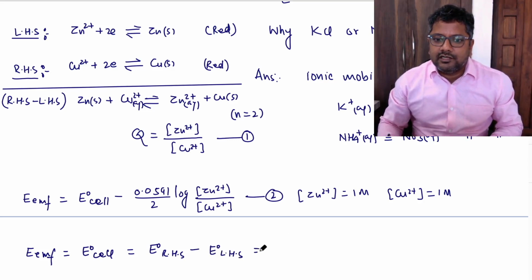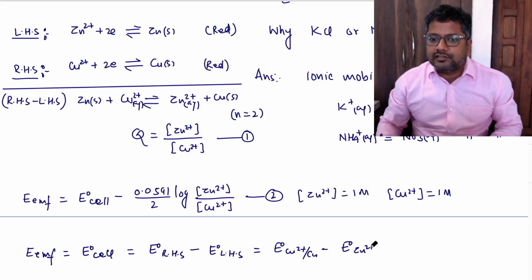So this is equal to E naught of Cu2 plus oblique Cu minus E naught of Zn2 plus oblique Zn. So this is equal to 0.34 minus 0.76.